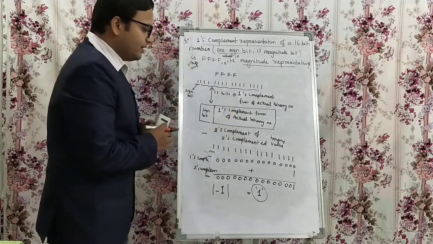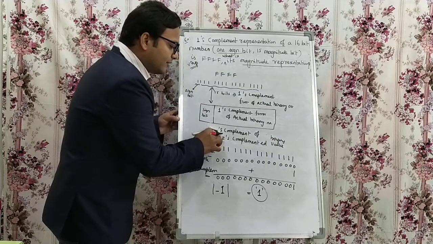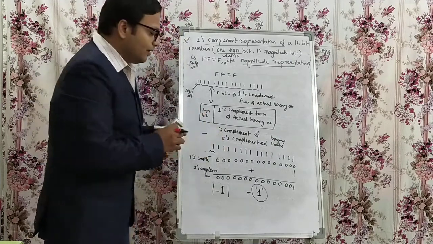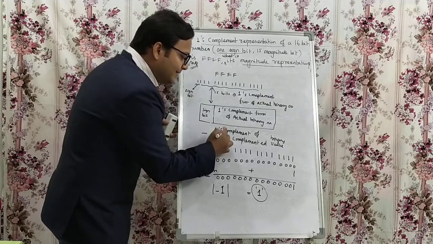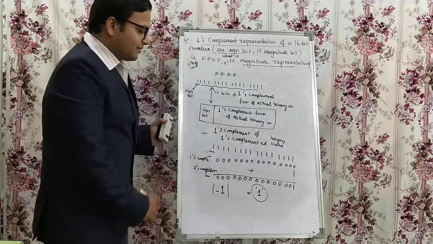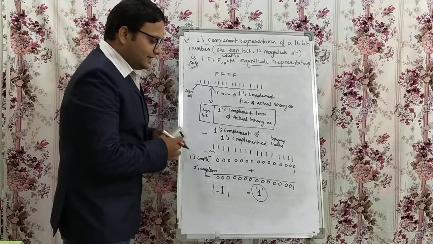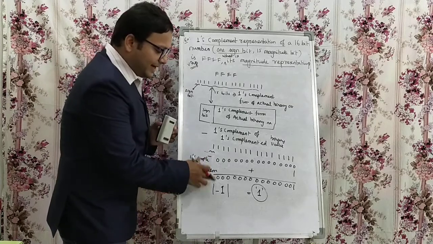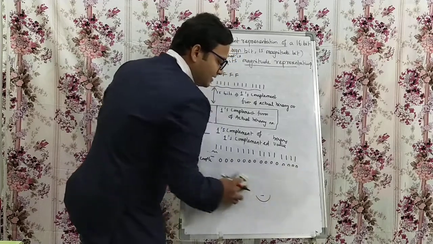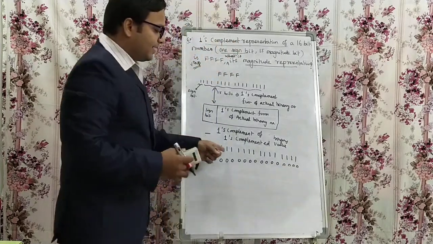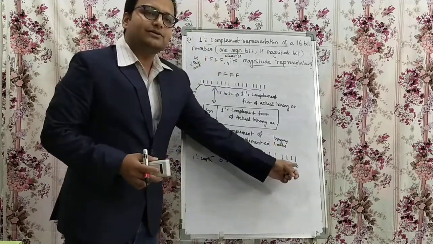So what you need to do here, in order to get the actual binary value, is to take the ones complement of the ones complemented binary value. First, this one is the sign bit, keep it as it is, minus. For the remaining, you just take the ones complement of 15 ones, which is all zeros.